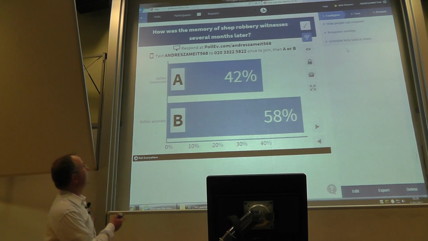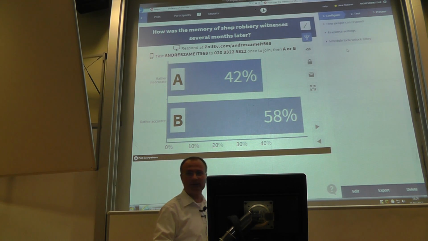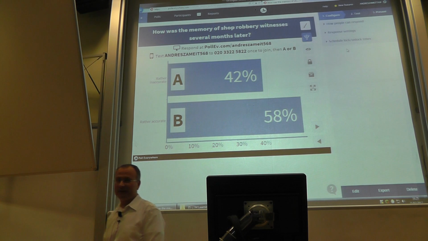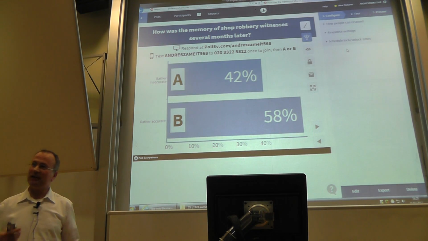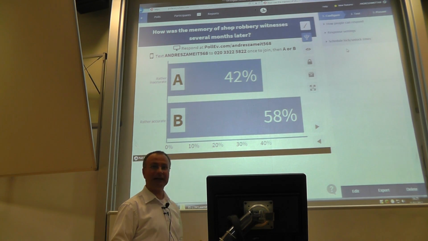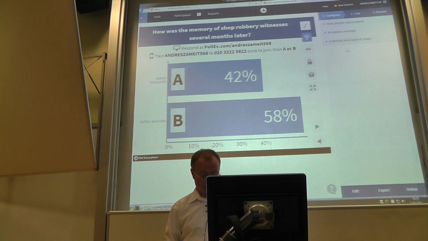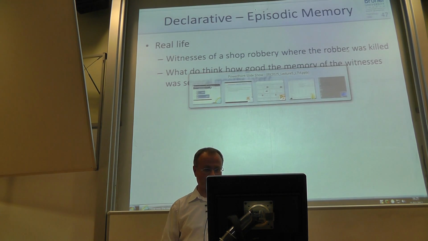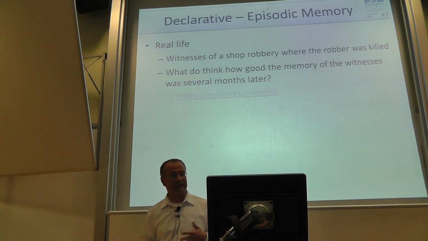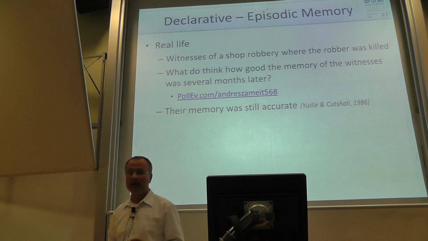Okay, 40% rather inaccurate, 50% rather accurate. In this case, the majority is right. So what it shows is that if you have these highly emotional events, then typically your memory is really good and accurate.